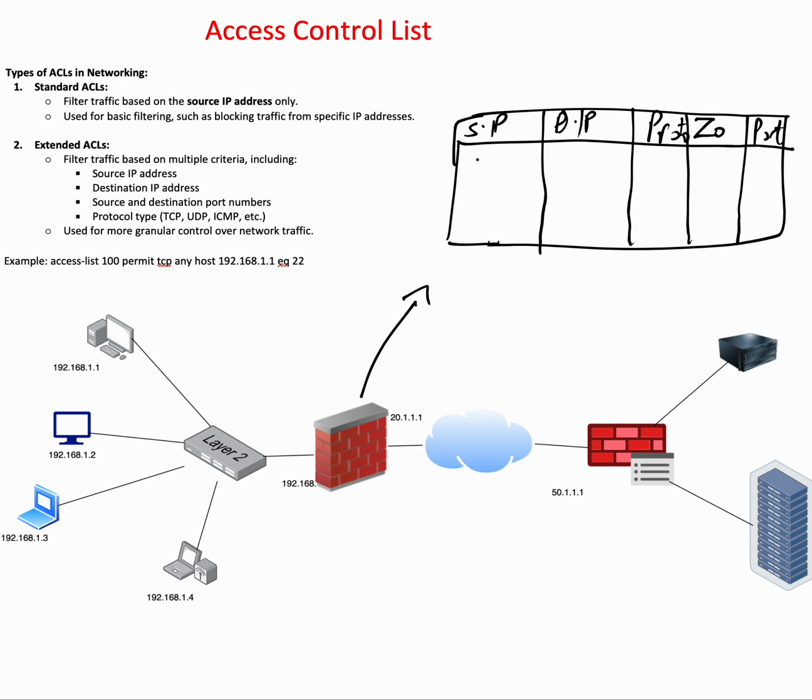For the ACL, we say that source IP is 50.1.1.1, destination IP is 192.168.1.0. The protocol that I am allowing, for example, if I have a server here, like a web server, is HTTPS, right?